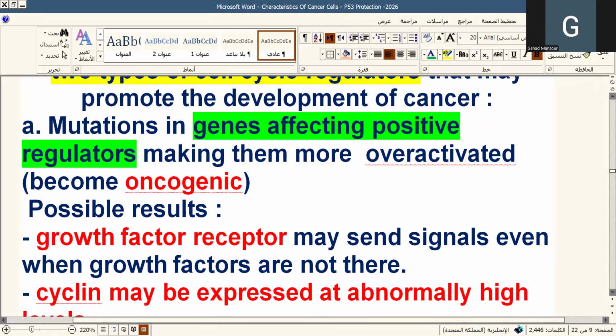So the first type of mutations that occur in a cell that will be a cancer cell is a mutation in a gene that is expressed into the positive regulator. And if that gene is mutated, it will make the positive regulators more active.